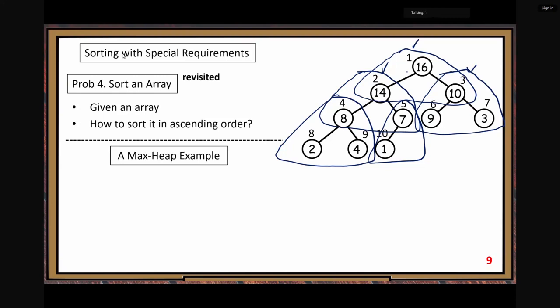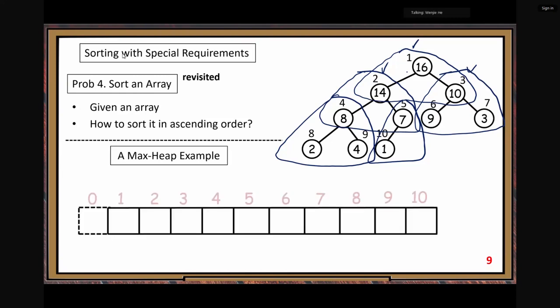Here you see this max heap in a binary tree structure, but in your actual storage you won't have that binary tree. Your actual storage is still an array. There is no binary tree object there. What you really have is this array.